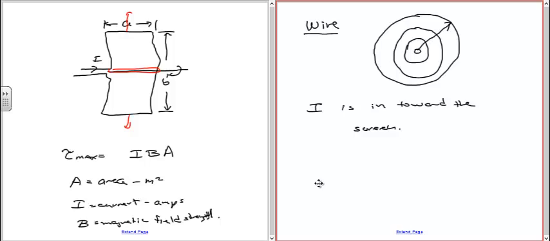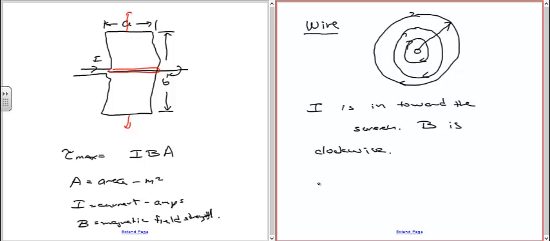So with the right-hand rule in this case, you push your thumb in towards the screen, and then you curl your hand around. If the current is going into the screen, then the magnetic field is going around clockwise. And if it's coming out of the screen, then it's going to be going counterclockwise. So I is in toward the screen, the magnetic field is clockwise. So that's the right-hand rule.